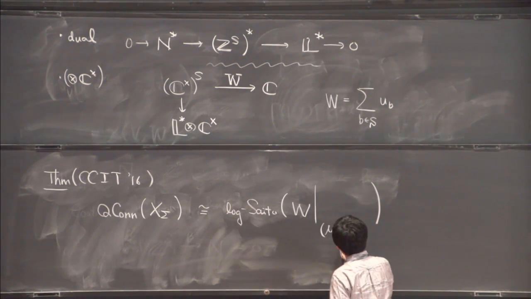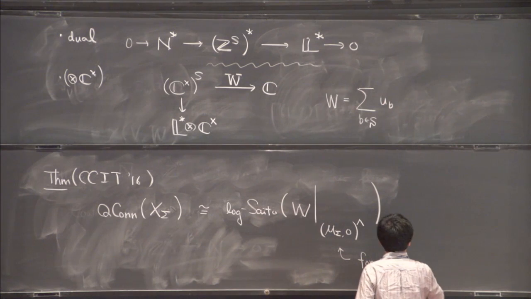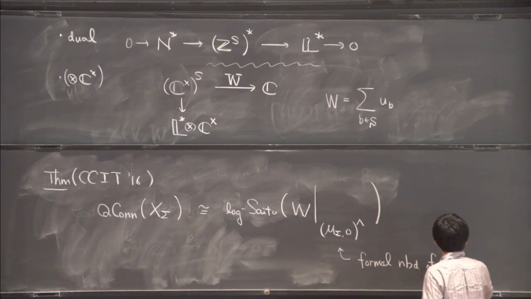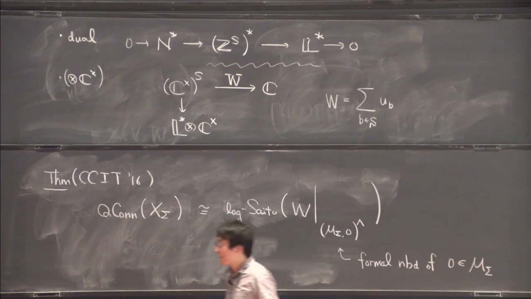This means a formal neighborhood of the large radius limit point of M_sigma.